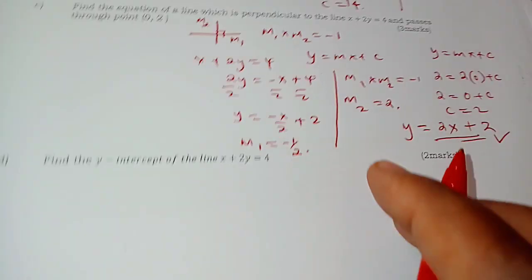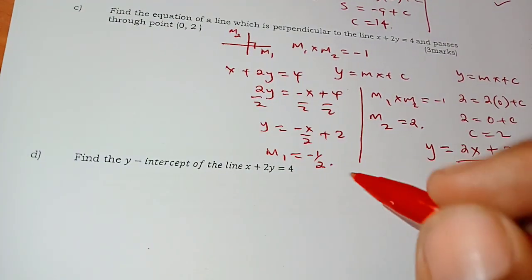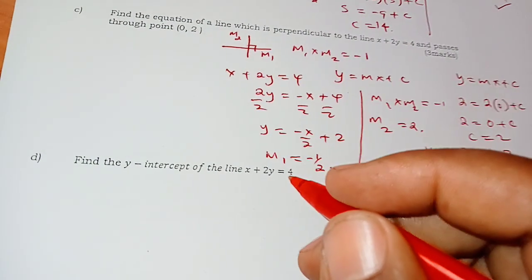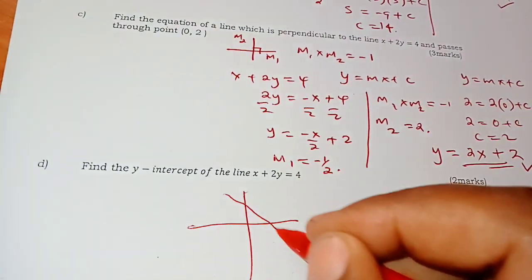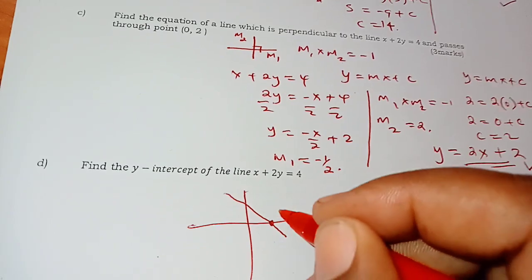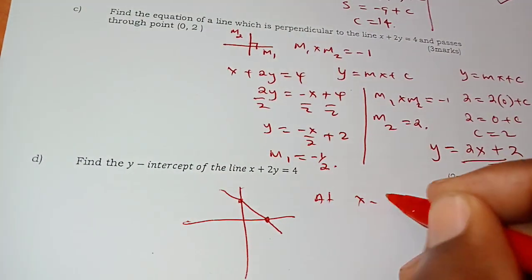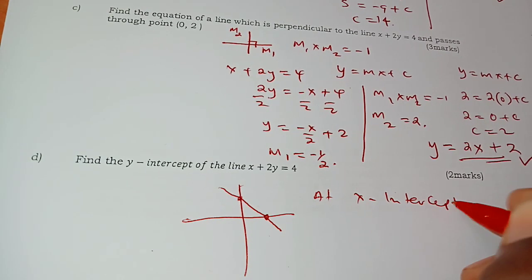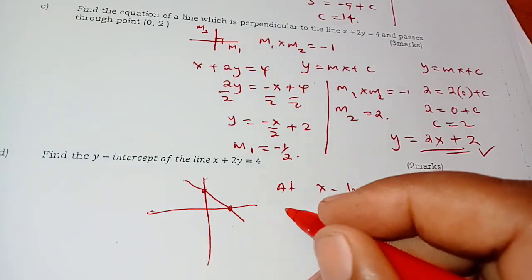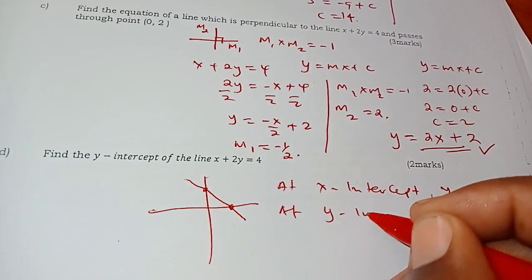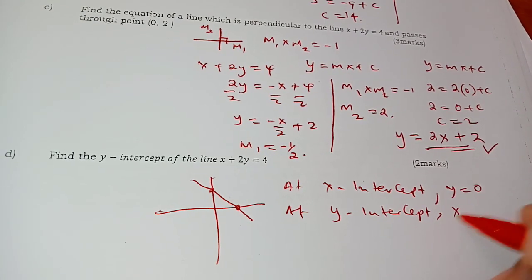So that's the equation. Finally, find the y-intercept of the line x plus 2y equals 4. If you're told to find the y-intercept, then you already know that at the x-intercept, y is 0, and at the y-intercept, which is the point where the line cuts the y-axis, x is 0.